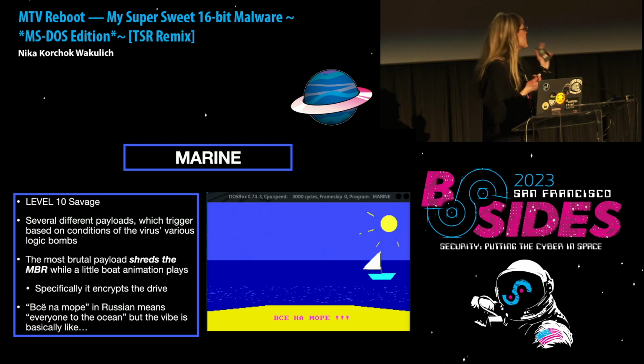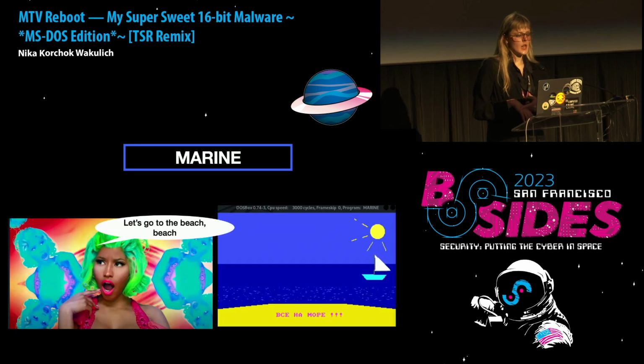And then there's at the bottom here, when that payload is triggered and it's executing, it has this fun boat animation, and at the bottom, Vsie Namore is, in Russian it means essentially everyone to the ocean or everyone on the sea, but the vibe is basically like, let's go to the beach.